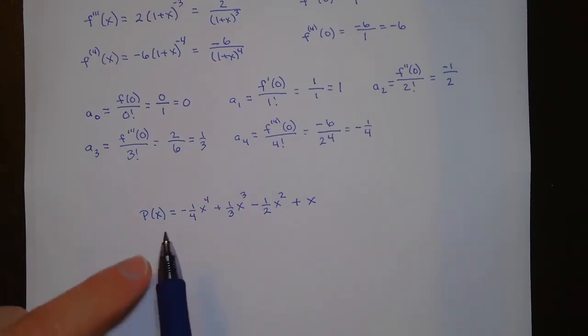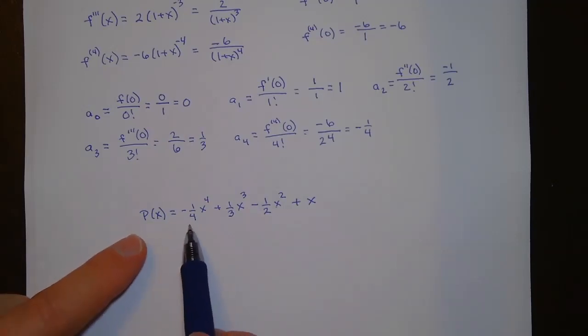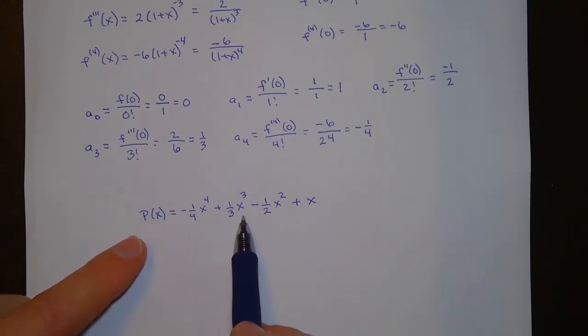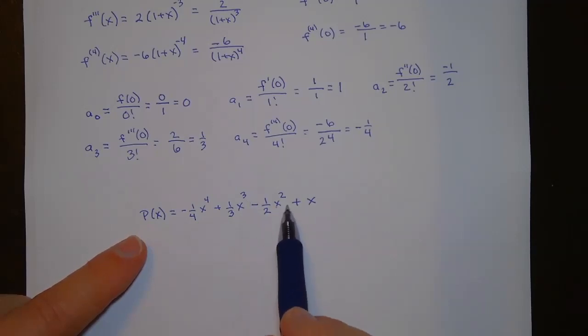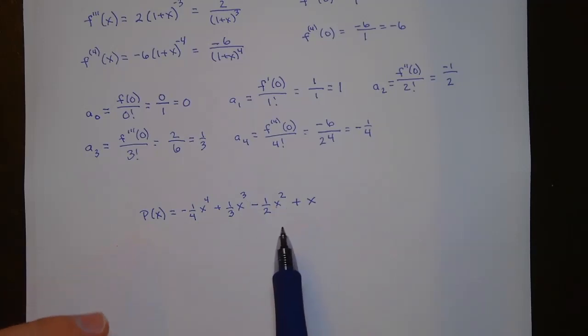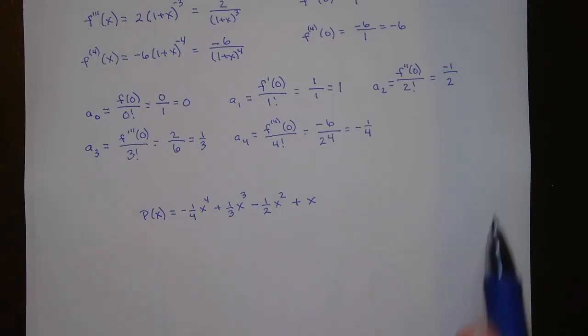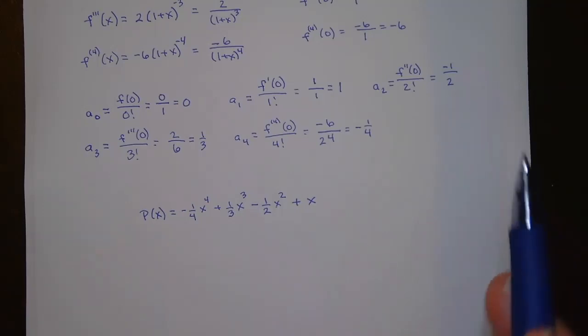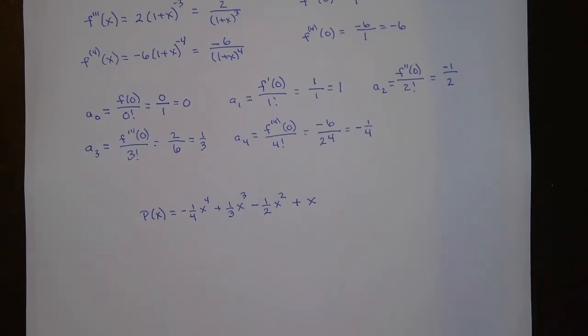So this polynomial that we wrote, -1/4 x to the fourth plus 1/3 x cubed minus 1/2 x squared plus x mimics the natural log of 1 plus x for the first 4 derivatives. And that's what I'm trying to show you here. This is going to be turning into what's called the Taylor polynomial.